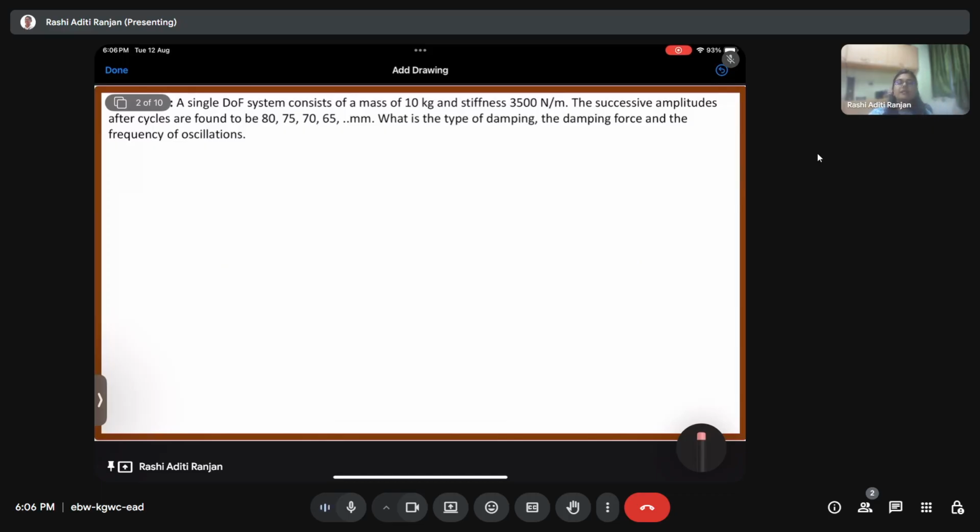However, when we consider coulomb damping, it is essentially because of friction. As we know, for friction, we have a mass like this, and if we apply a force F, then it is going to apply a friction force over here, which will be equal to mu into N, where N is the normal force.